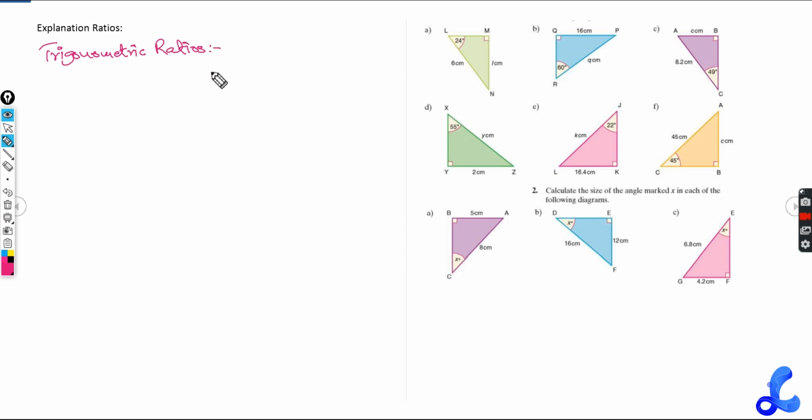Trigonometric ratios, the first thing that you have for trigonometric ratios is the formula. Or as I like to say it, it's basically like a song, or at least the notes of any song.